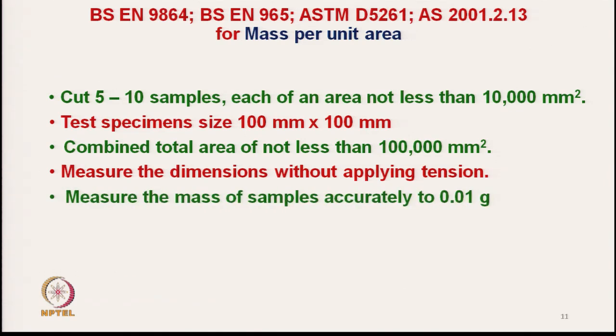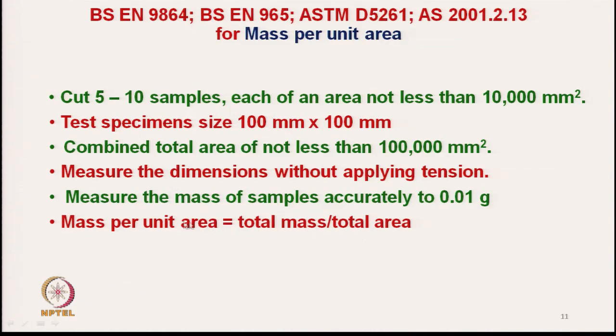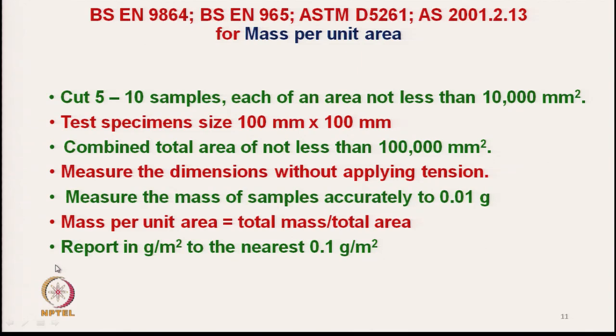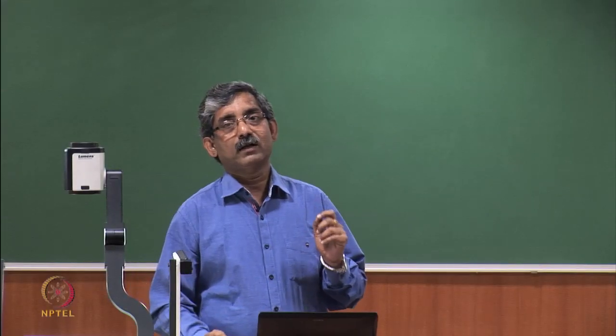Then we have to take the mass of this specimen with an accuracy of 0.01 gram, and from there we can calculate the mass per unit area, total mass by total area. So, we have to add all the specimens' areas and add all the specimens' masses to get the mass per unit area, and report the mass per unit area with an accuracy of 0.1 gram per square meter.